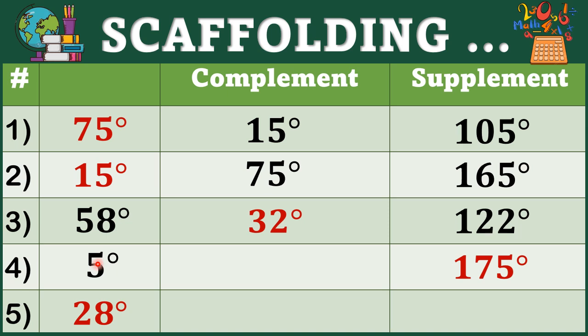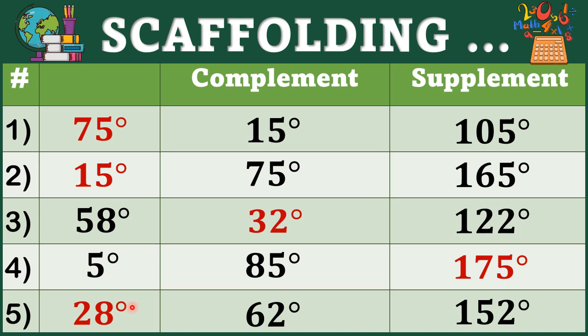From this 5 degrees, you're going to find your complement already. So 90 minus 5, that would be 85 degrees. Lastly, we have 28 degrees. Same goes with number 5. It's the same process as number 1 and number 2. So simply 90 minus 28, so 62. And 180 minus 28, that would be 152 degrees.